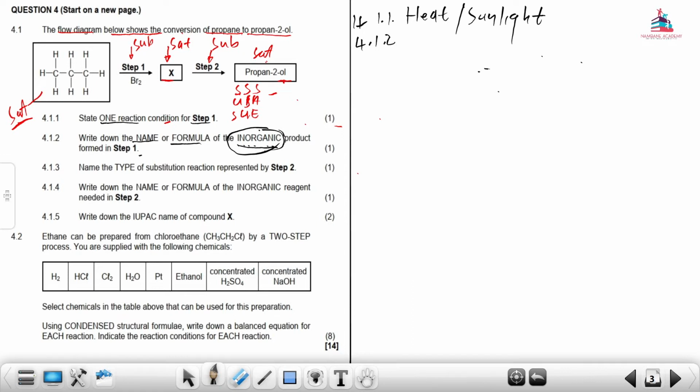So the basic thing that they are asking us there is it must not have a carbon. So let's see in terms of explaining it in detail. I'm going to try and draw the structure. It's C, C, C, H, H, H, for the purpose of fully explaining what is going to happen.